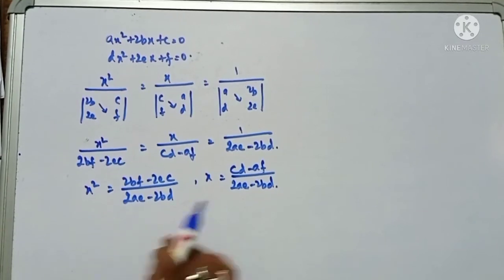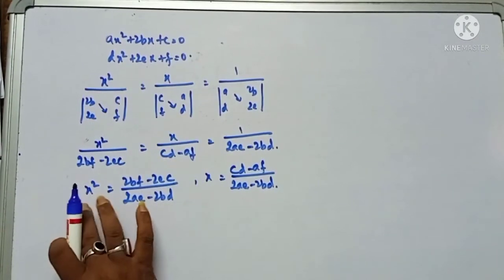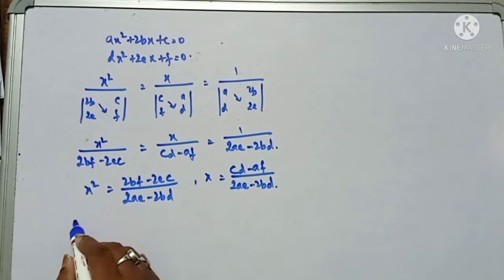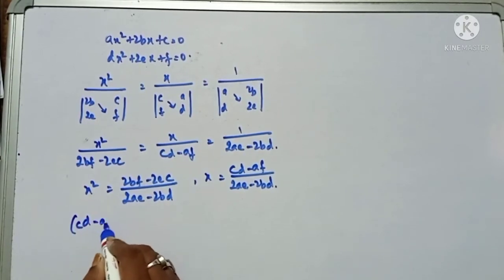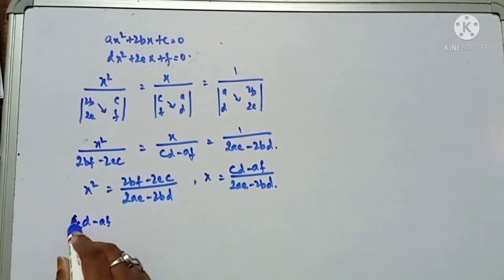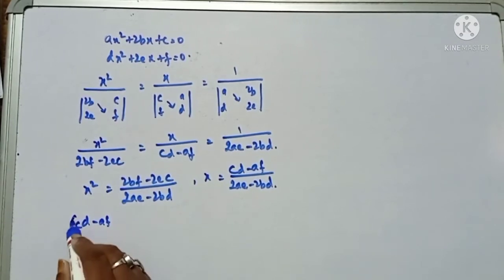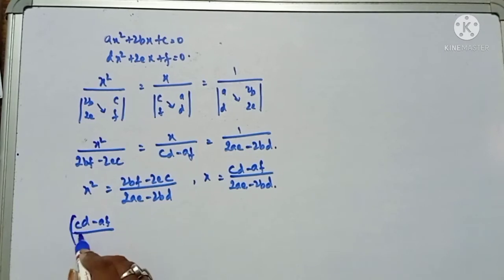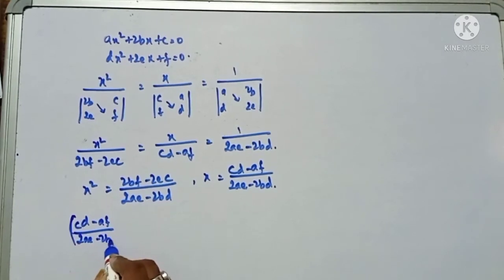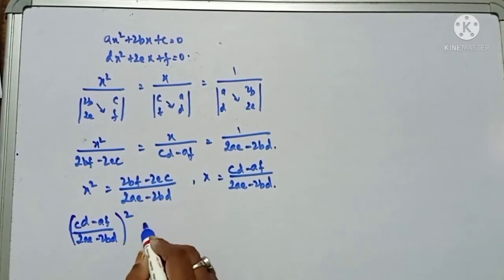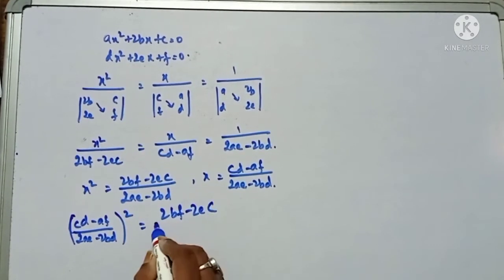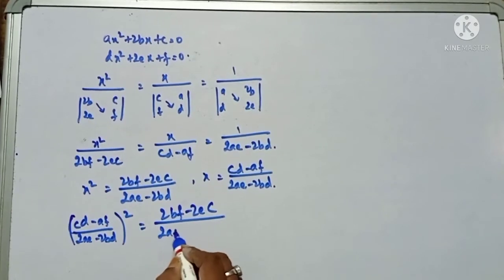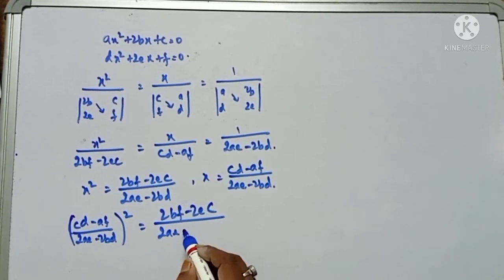Now I am going to put the value of x in this equation, so this will be cd minus af by 2ae minus 2bd the whole square, equal to 2bf minus 2ec by 2ae minus 2bd.